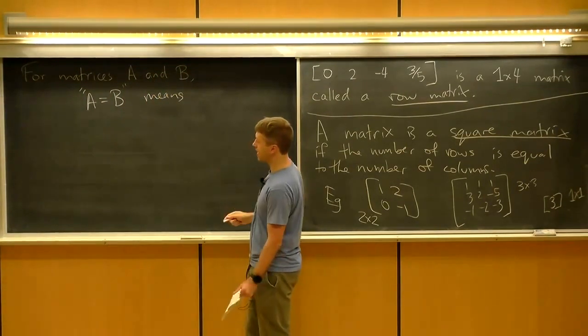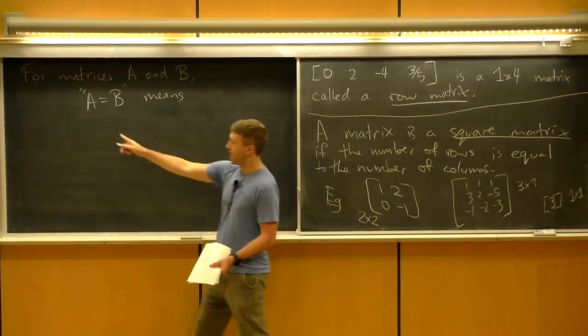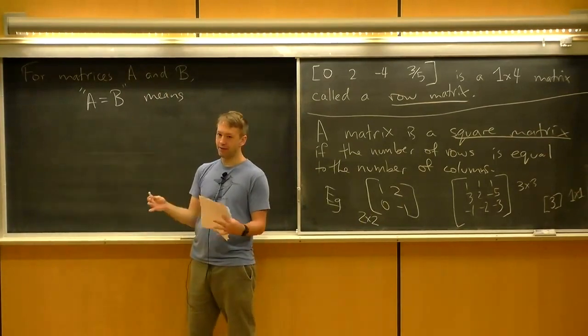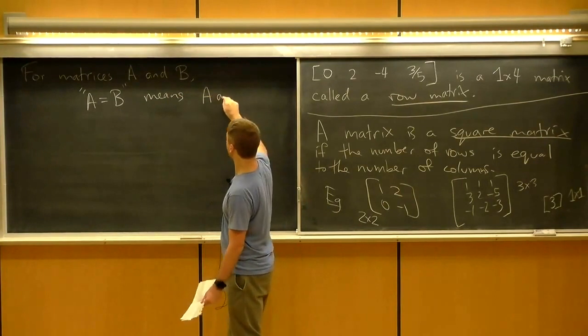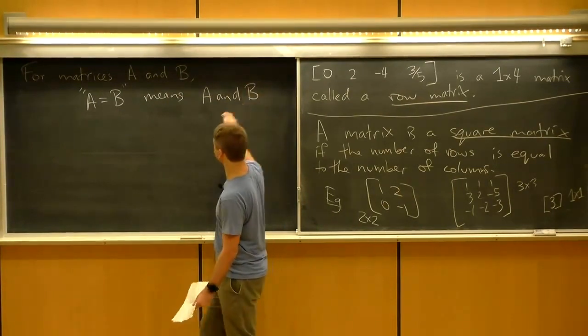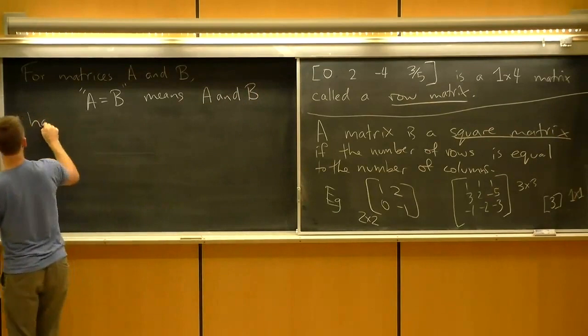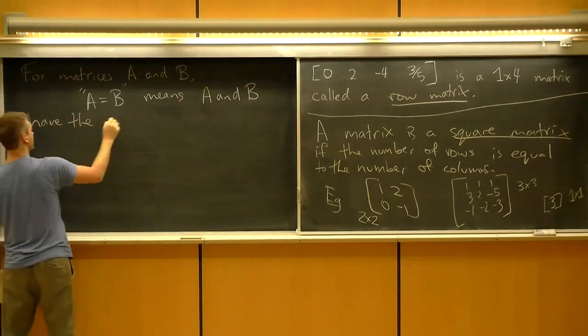First of all, for A to be equal to B, they have to have the same size. So A and B have the same size.